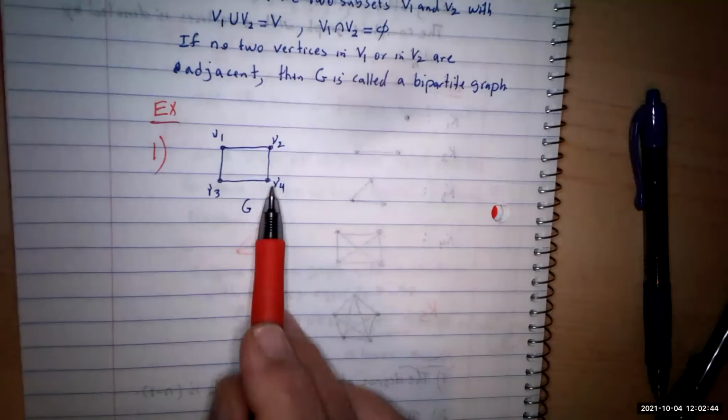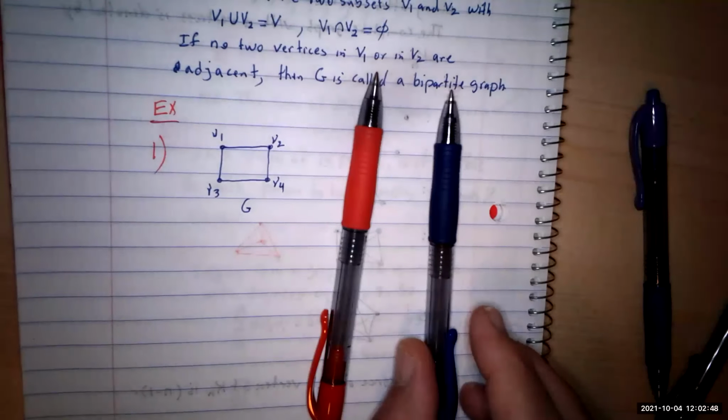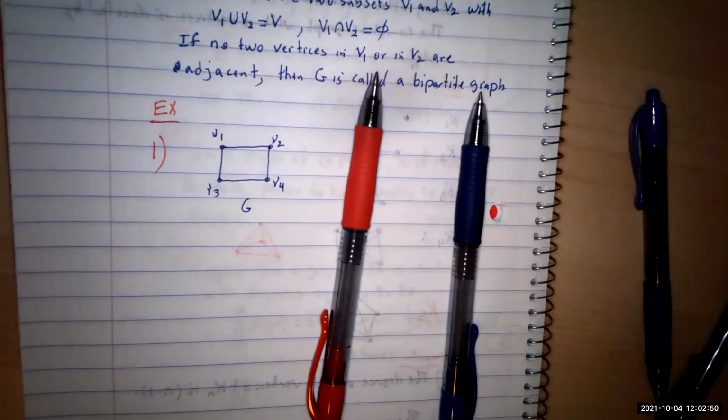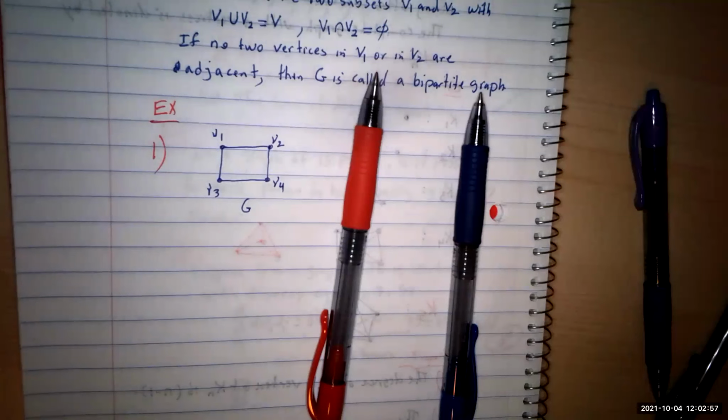Put them together. Okay, the vertices in two parts. This is it. The red and the blue one. Between the red one, no connection. Between the blue one, no connection. If there is any connection, it's between red and the blue. Any suggestion? How are we going to group them? Is it V1 and V4 together and then V2 and V3 together?